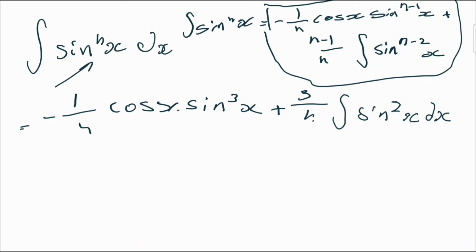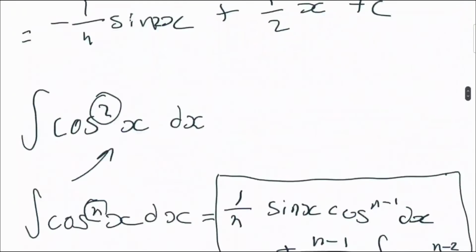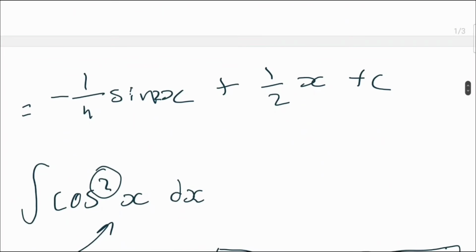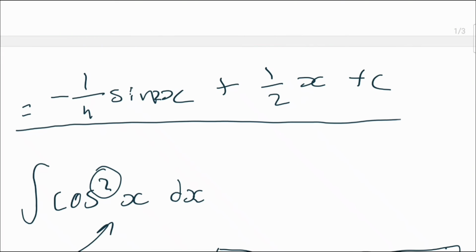So we're going to have to turn this sine cubed of x into sine squared of x times sine of x later. And you might also be able to see that this here doesn't just become the integral of 1 dx. So we'll have to do the integral of sine squared x dx. But luckily, earlier in the video, we worked out the integral of sine squared of x.